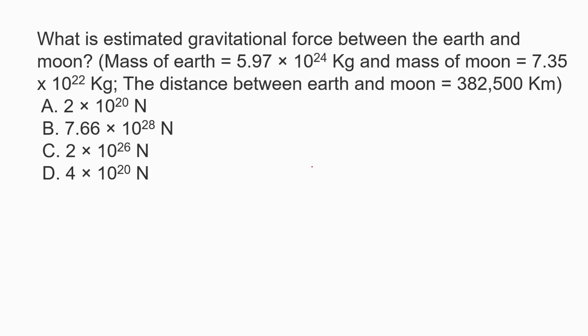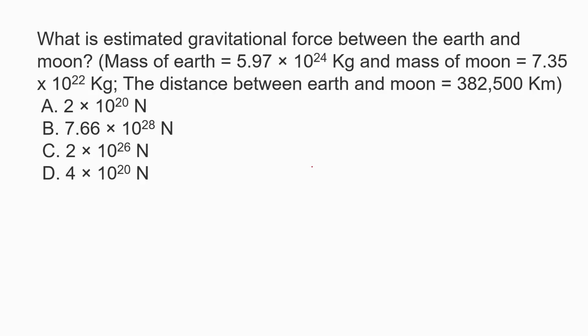Okay, so now we have a numerical question. So here is the first question. What is the estimated gravitational force between the Earth and Moon? Mass of Earth equals 5.97 into 10 to the power 24 kg, and mass of Moon equals 7.35 into 10 to the power 22 kg.